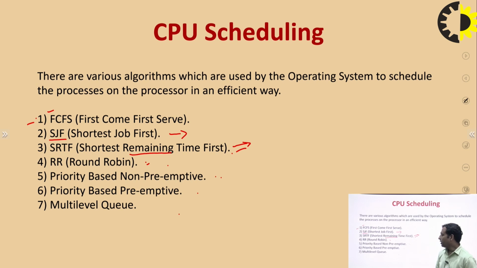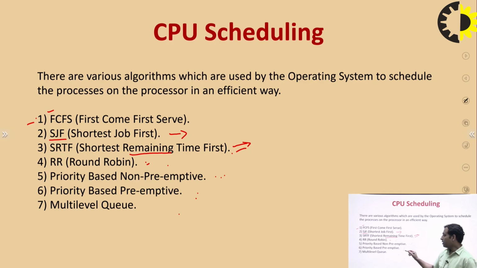Now, priority based scheduling: each process has some priority, and on the basis of that priority we execute the processes. This priority based approach can be non-preemptive or preemptive. In the non-preemptive approach, when a process is allocated, it completes its execution and then leaves the CPU.